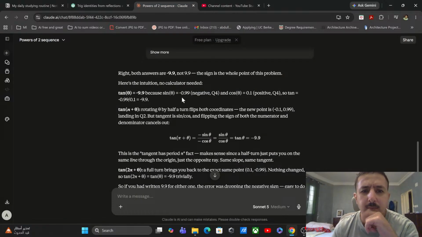Right. Quarter one. So tan, quarter 10 rotating by half a turn.